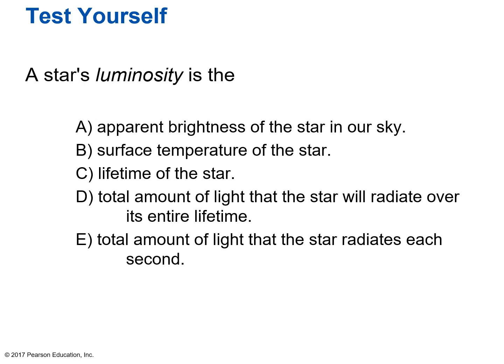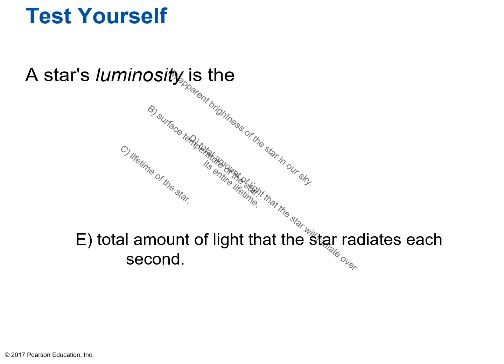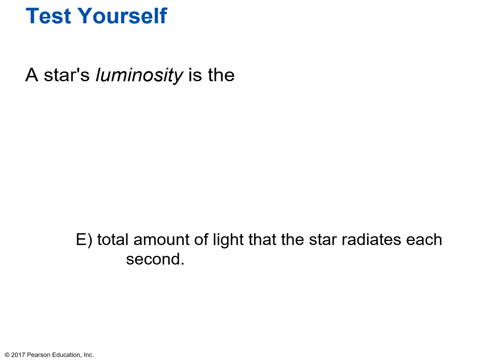B, I haven't even talked about surface temperatures, so it can't be that. C, I have not addressed yet lifetimes of stars, so we can eliminate A, B, and C. D is getting close to the answer. The light that the star radiates, okay, we're getting somewhere, but over its entire lifetime, nope, that's not it. The answer is E, the total amount of light that the star radiates each second. And luminosity is actually the same as power.